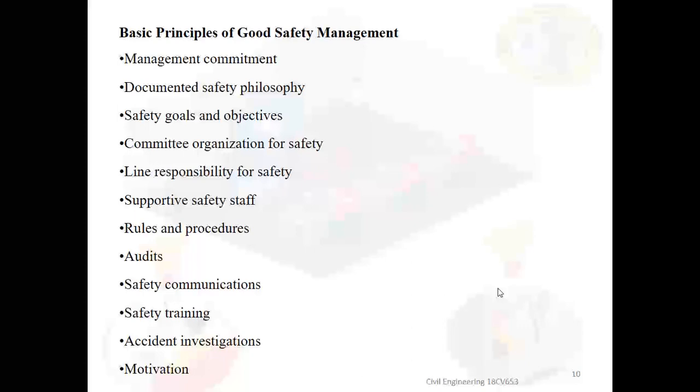And this should be audited. The management has to be audited yearly or quarterly to see whether the safety management is working in keeping the workplace safe or not. Then safety training, accident investigations, and other motivations. So these are the basic principles of good safety management.